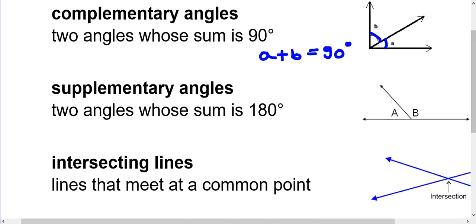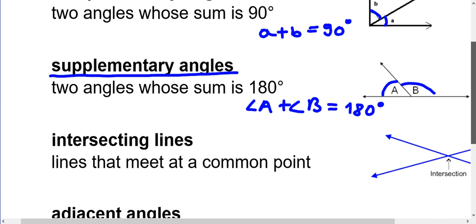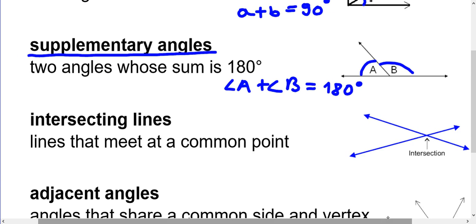Very similar. Remember yesterday I said that a straight line is 180 degrees. So if you have two angles that add up to 180 degrees, they're called supplementary angles. So in this case, angle A plus angle B is equal to 180 degrees. The next one is about intersecting lines.